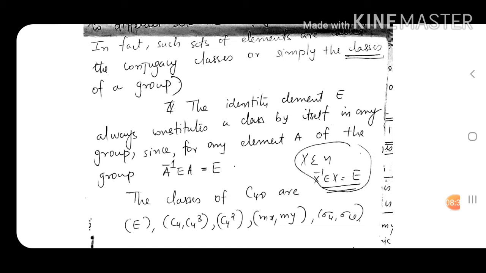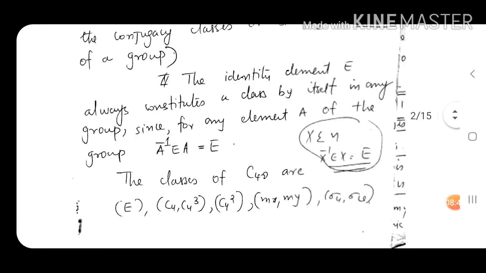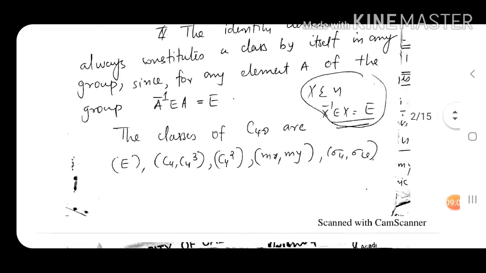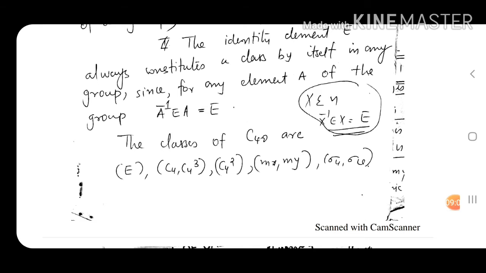So when you write the classes of a group, the identity element by itself forms a class consisting of only one element. Because for any element A of the group, A inverse E A is equal to E, since E A is A, and A inverse A is E. So the identity element is conjugate only to itself.